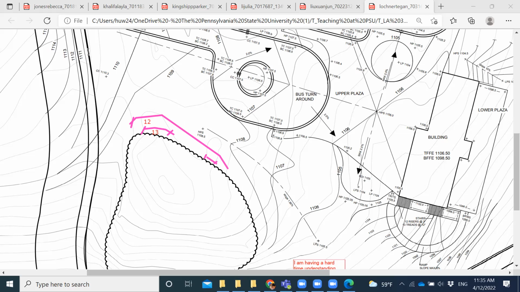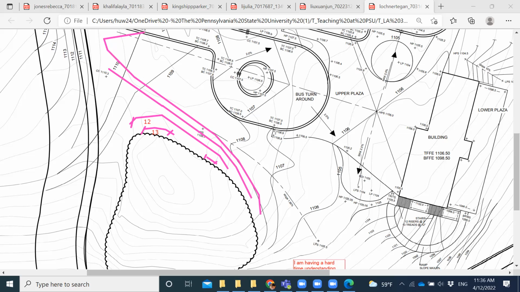Now we're working on 11. 11 is over here. Need to go back to 11. So 11, move it over. 11 is somewhere over here. So we'll try to find a way. We'll need to take a look later after zooming out. 10 goes out like this, and 10 connects back over here.